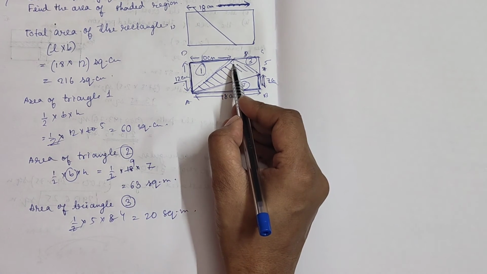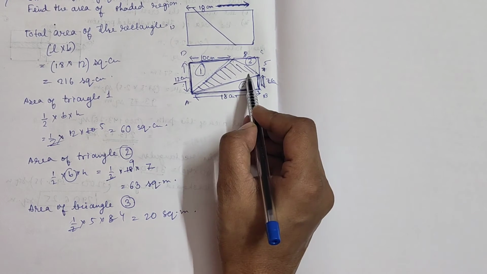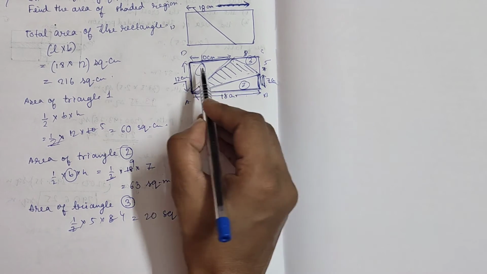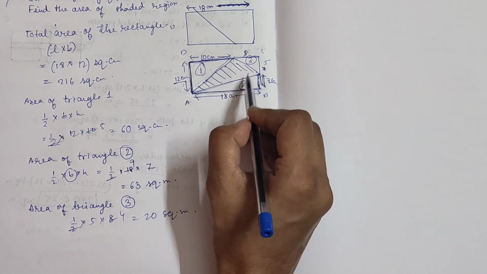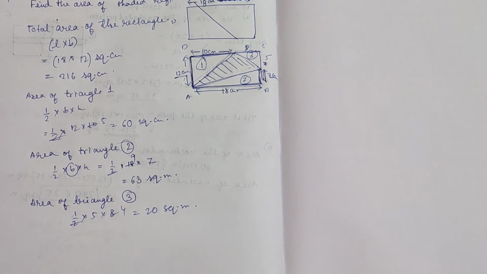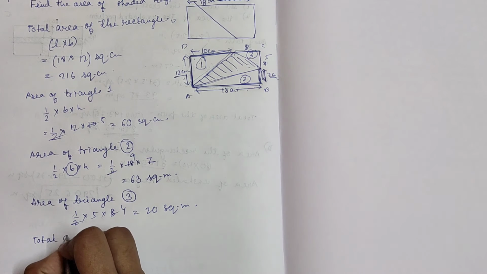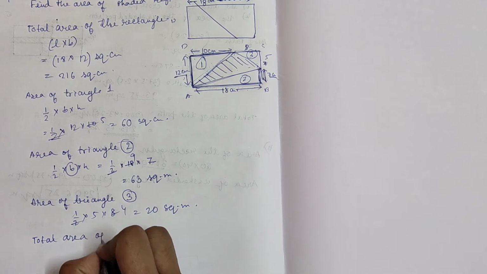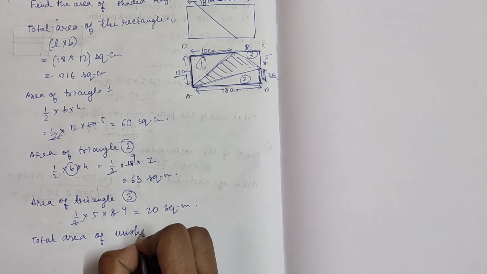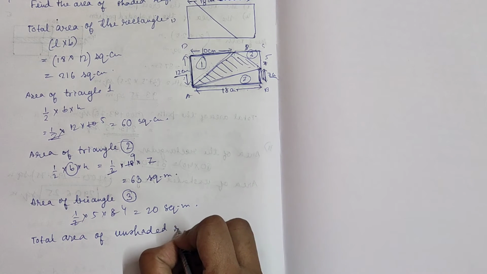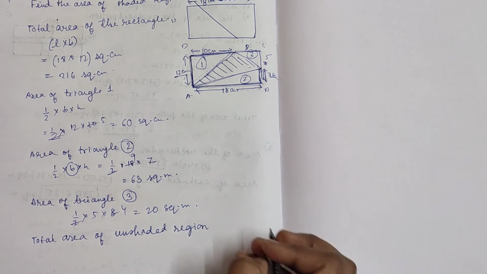Now to get the area of this shaded region, what do we have to do? We have to add the total area of the 3 triangles. So let's write total area of unshaded region. I'm not writing triangle, but I'm writing unshaded region. See, the triangles are unshaded.